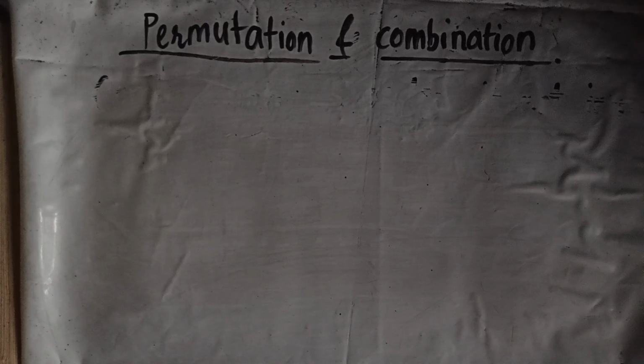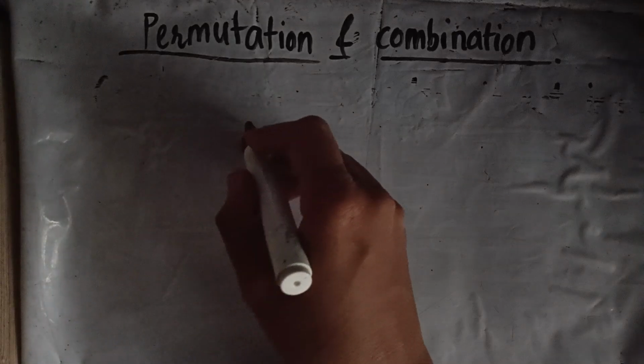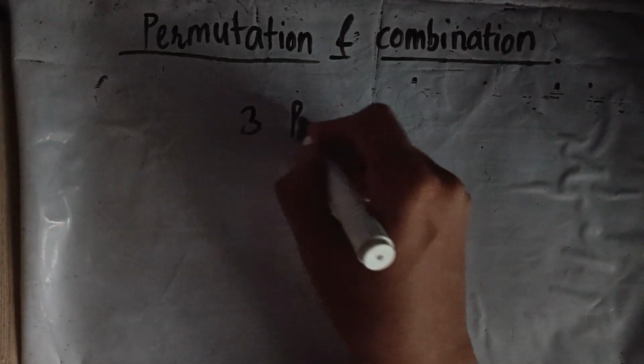A committee of 3 persons is to be constituted from a group of 2 men and 3 women. In how many ways can this be done? How many of these committees will consist of 1 man and 2 women? Now here we have to constitute a committee of 3 persons.